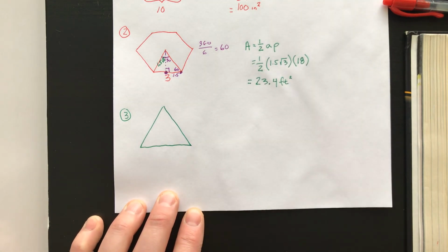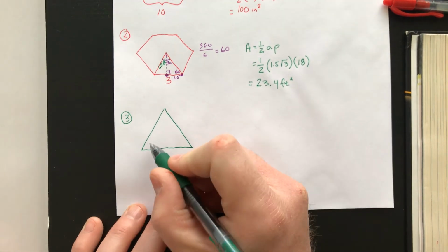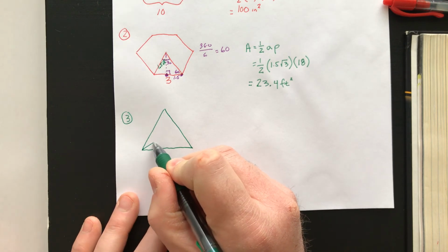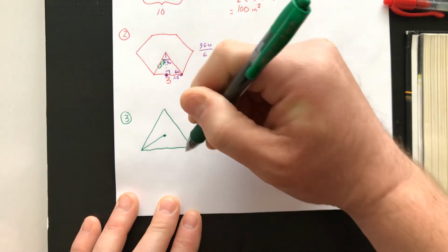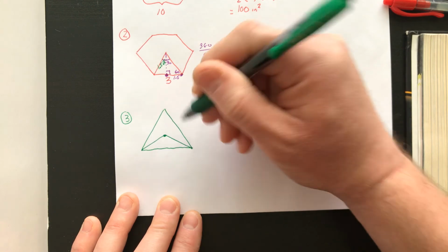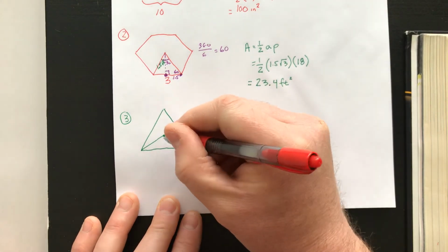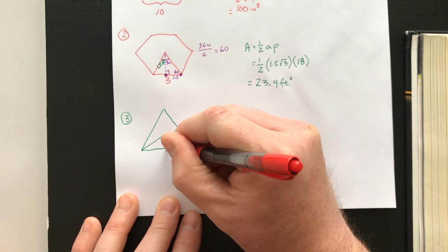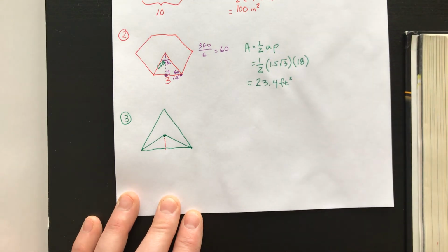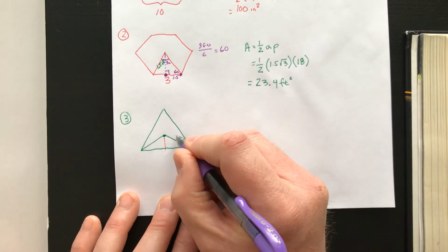And if we construct our triangle inside of the triangle with our apothem, and they tell us that this is 2 meters.